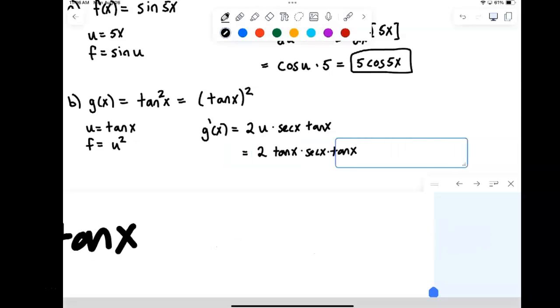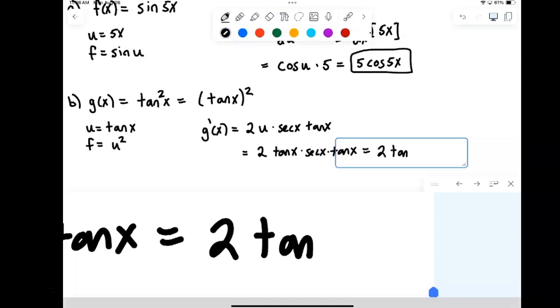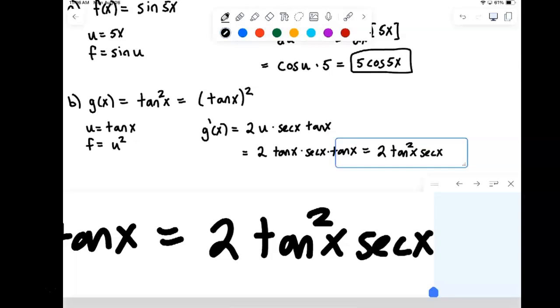And we just clean that up, and we get 2 tangent x secant squared x. Okay. So that's just a couple of examples of doing the derivative using the chain rule. We're going to do some more examples, some maybe that are a little more involved, but this is just kind of a start here to introduce this idea.